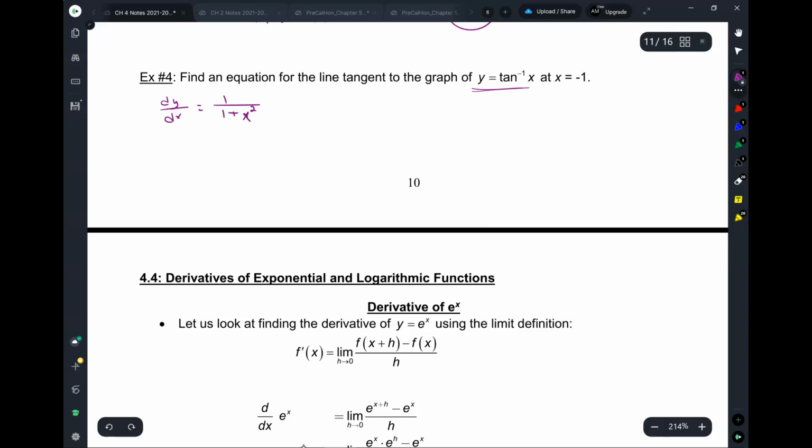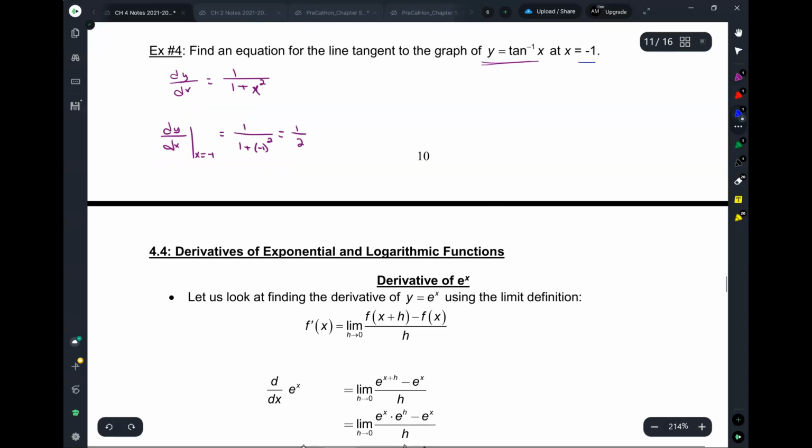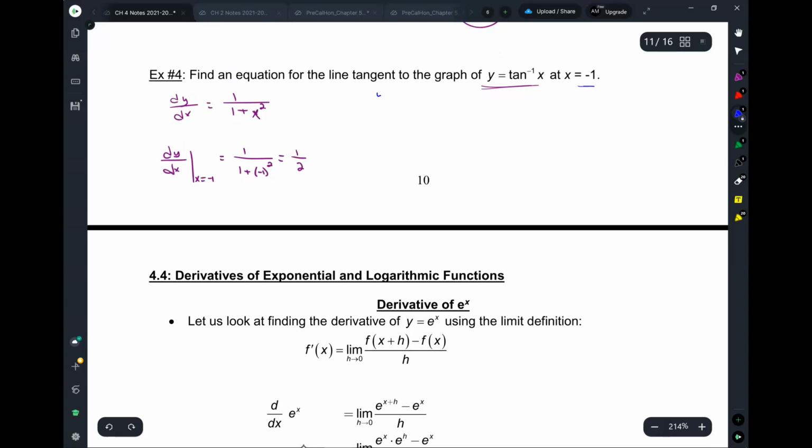At x equals -1, this is 1 over 1 plus (-1) squared, 1 over 2. That's the slope. Okay, I need a slope and a point. I have an x, but not a y. So y at -1 is inverse tangent of -1.